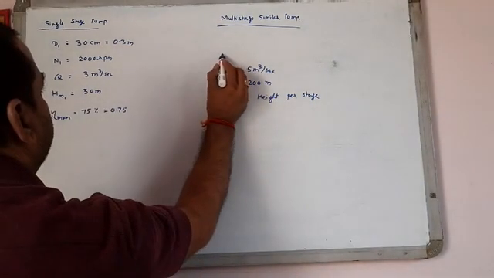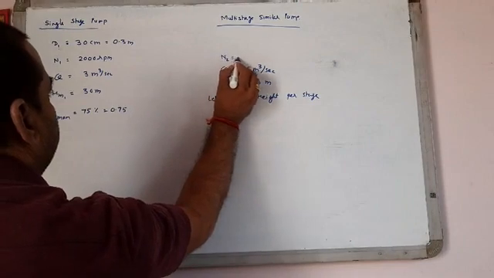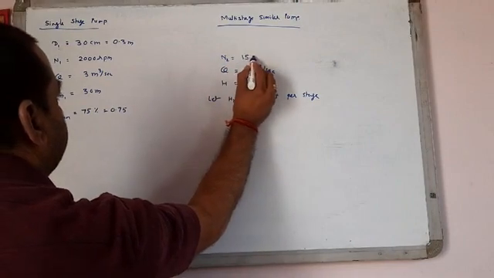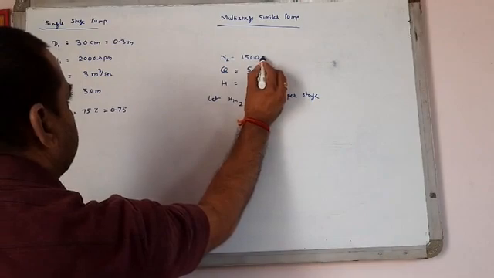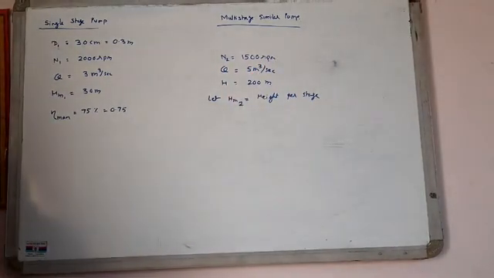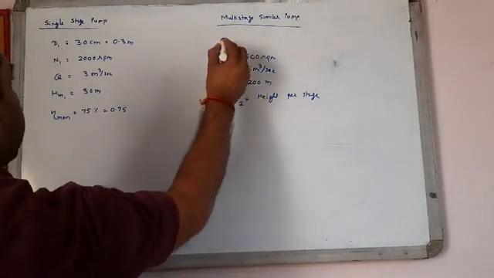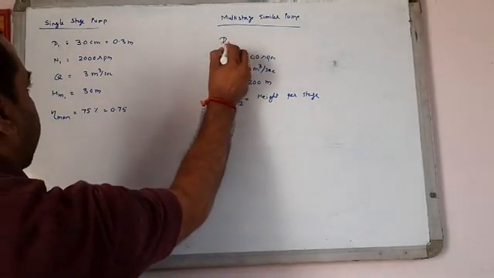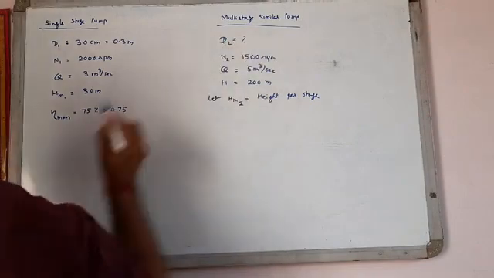N2 is the RPM, 1500 RPM. N2 is given. Diameter of impeller D2, we have to find D2.